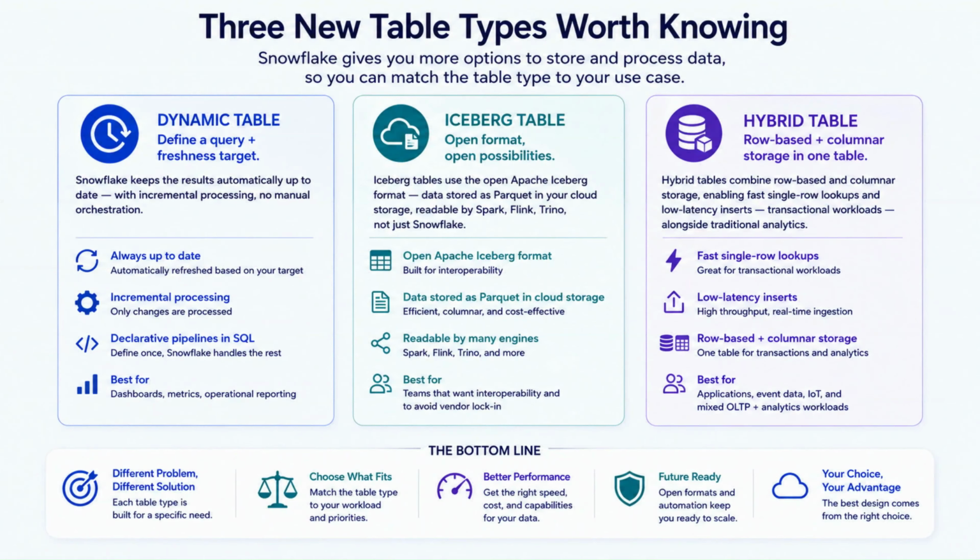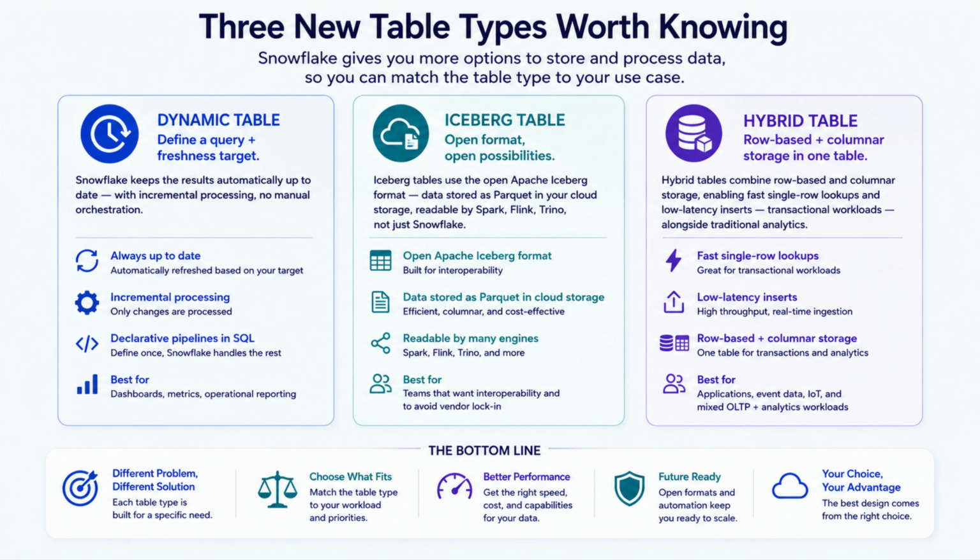Three newer table types worth knowing. Dynamic tables let you define a query and a freshness target, and Snowflake keeps the results automatically up to date with incremental processing, no manual orchestration. Think of them as declarative pipelines in SQL. Iceberg tables use the open Apache Iceberg format, data stored as Parquet in your cloud storage, readable by Spark, Flink, Trino, not just Snowflake.